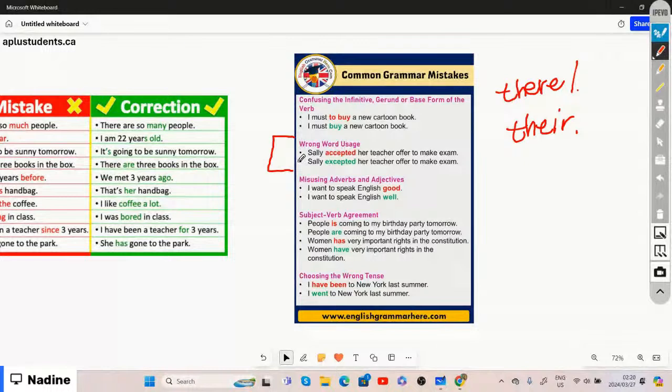It's like saying Sally excepted her teacher's offer to make up the exam. Because excepted is like saying everybody except you. So everybody can go on the bus except you. That is what excepted is. It's like you are not included within something.